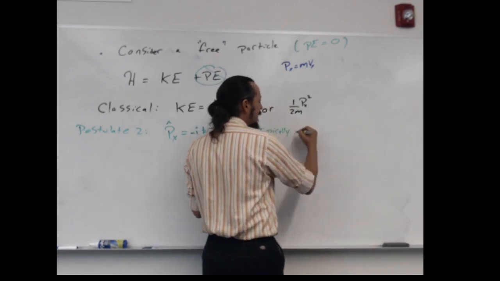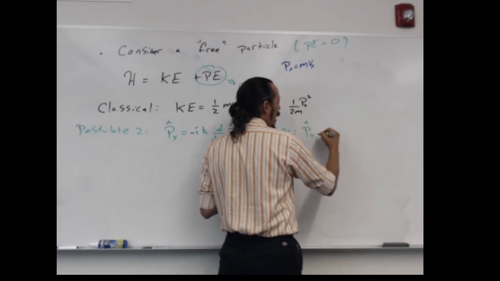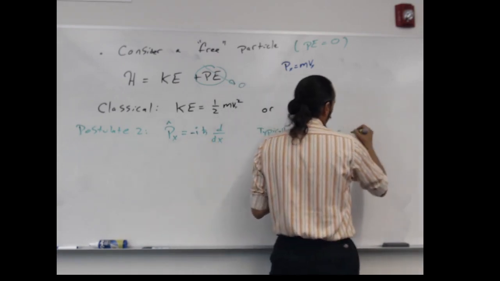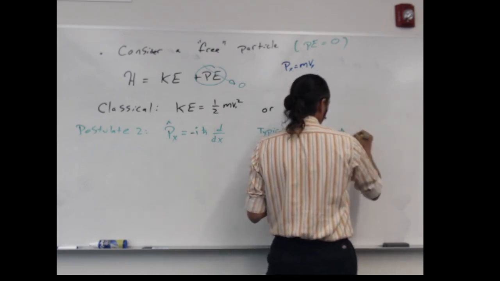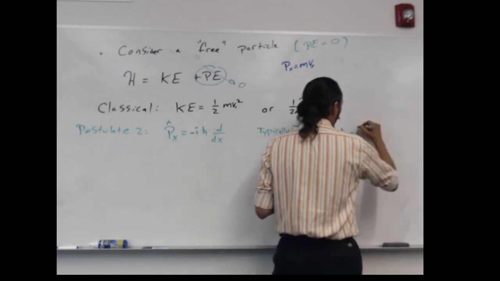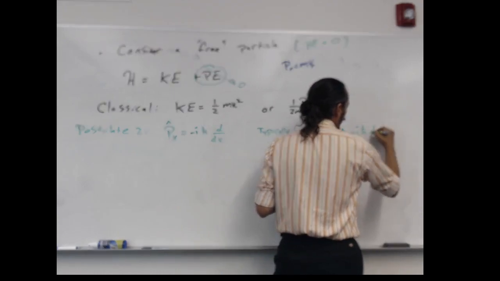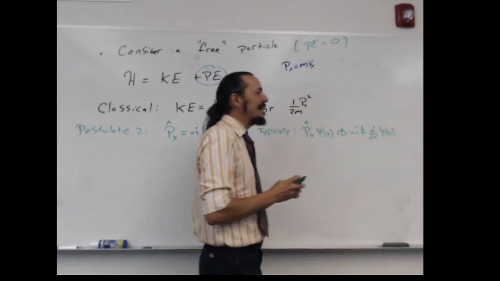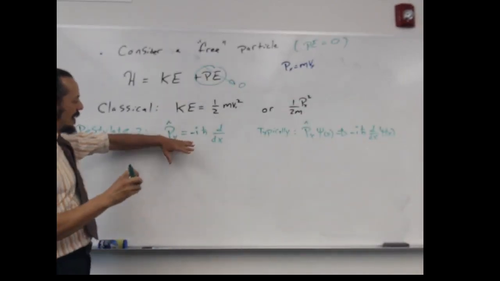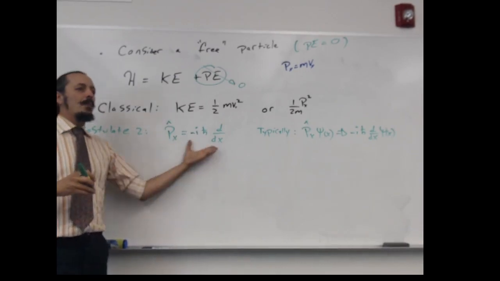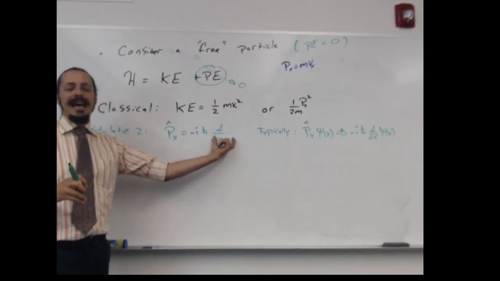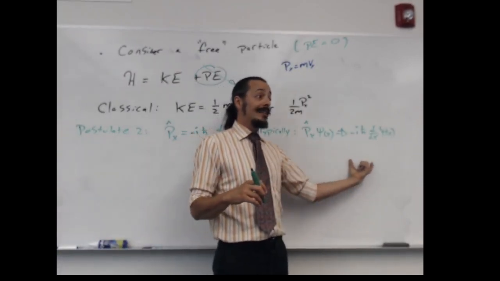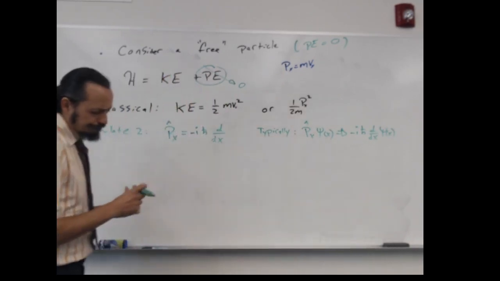We would typically see it as the p_x hat operator operating on a function, giving us negative i h bar d by dx on that function. That would be the definition of how we think about a momentum operator. Just writing the operator like this, having the derivative with respect to x just hanging out there, doesn't make a lot of sense. It has to be operating on something for it to really make sense.